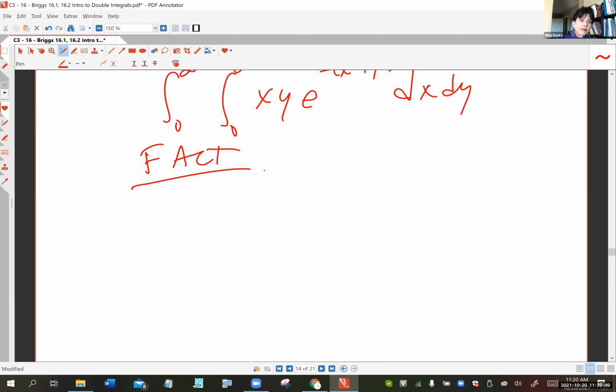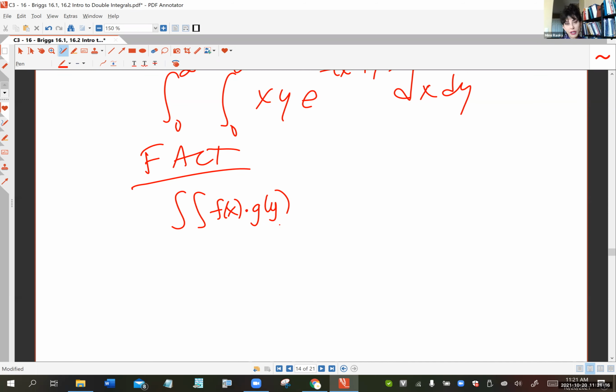I'm giving you this fact because I'm giving you all my gold for double integrals. I think the book may or may not mention this. If it does, it mentions it very quickly, but I want to make a big deal about it. If your integrand can be written as two separate functions, one that only has x's in it and one that only has y's in it, you can actually separate them into two factors.